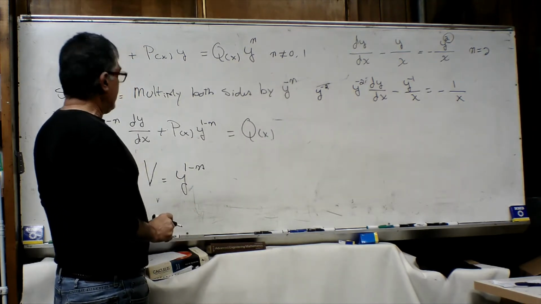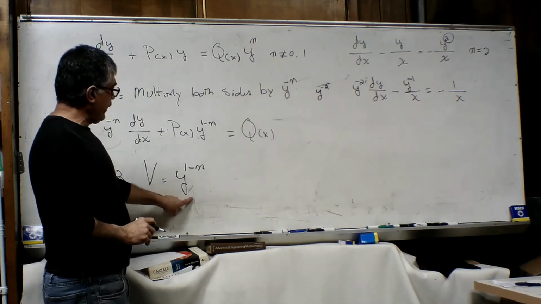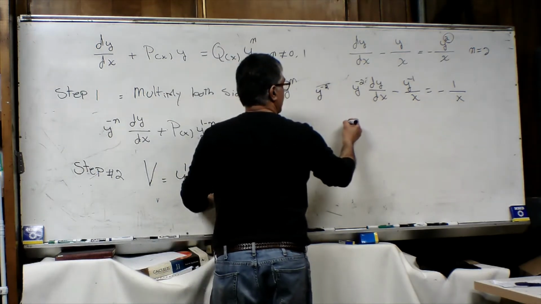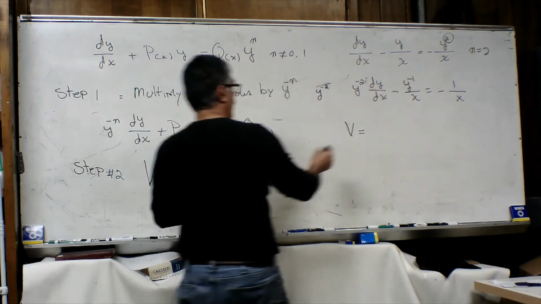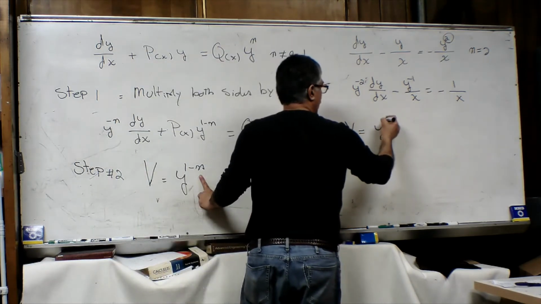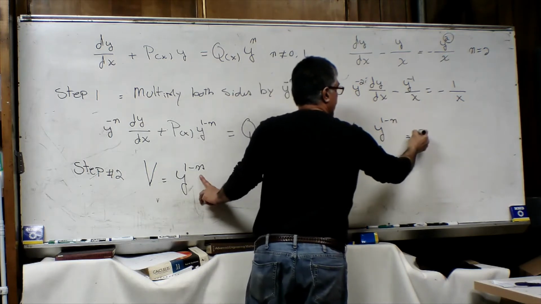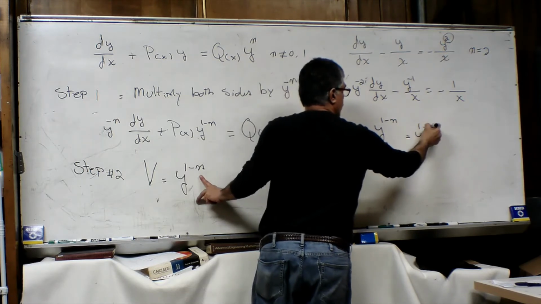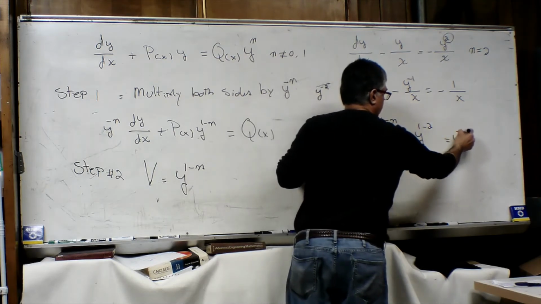Now, step number 2, assume that v is equal to y to power 1 minus n. In our case, our n is 2, so v is equal to y to power 1 minus 2, so is equal to y to power minus 1.